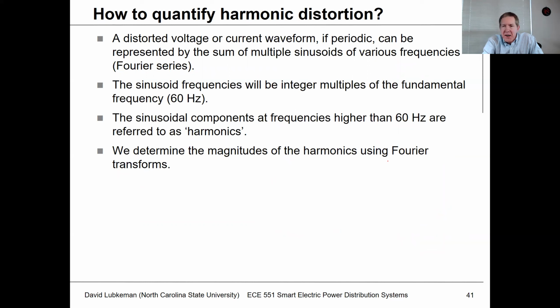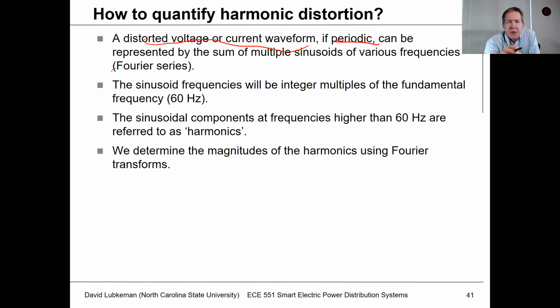How do we quantify this? Well, a lot of the quantification is based on doing Fourier analysis. It was shown a long time ago that if I have a periodic waveform that repeats itself, I can take a distorted voltage and current, and I can represent this voltage or current as a summation of not only the fundamental, but higher order harmonics.